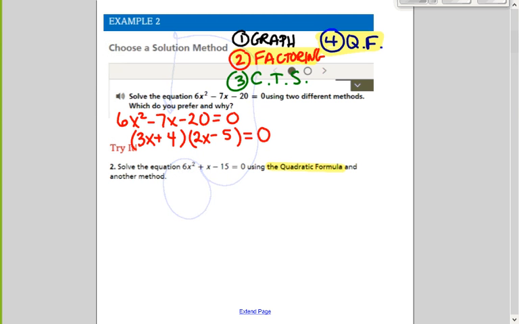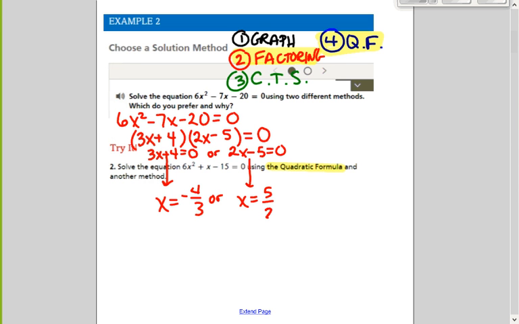Then you can set 3x plus 4 equal to 0. Or you could set 2x minus 5 equal to 0. And from there, I'm just going to run into the next problem. Keep going straight down the screen here. Here you would get x has to be negative 4/3, or in this one, x would have to be 5/2.